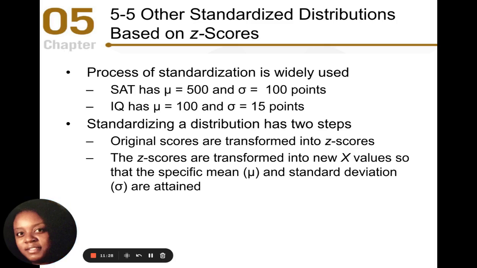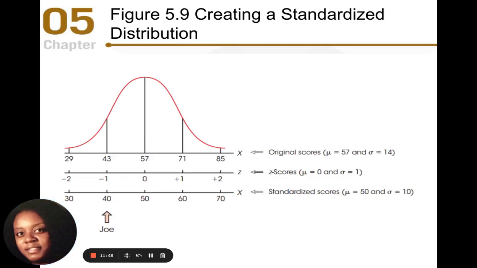When we standardize a distribution, we are going to use two steps. We take those original scores and transform them into z-scores, and those z-scores are transformed into new x values so that those specific means and standard deviations can be obtained. If we look at figure 5.6, we can see the distribution of exam scores from example 5.10.